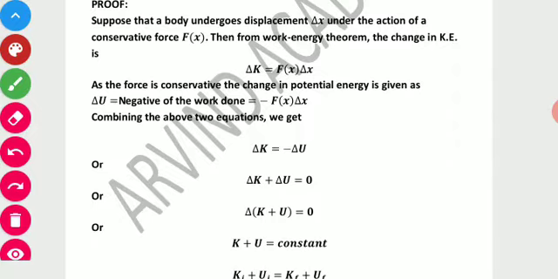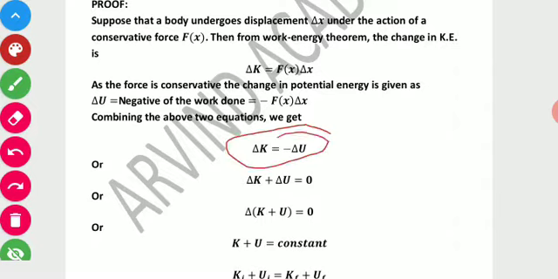Then according to our theory, the change in kinetic energy will be equal to delta K equals F delta x. And also, as the force is conservative, the change in potential energy is the negative of the work done.